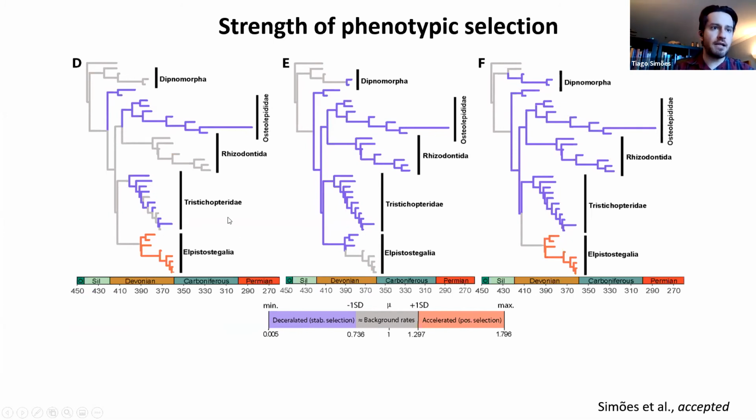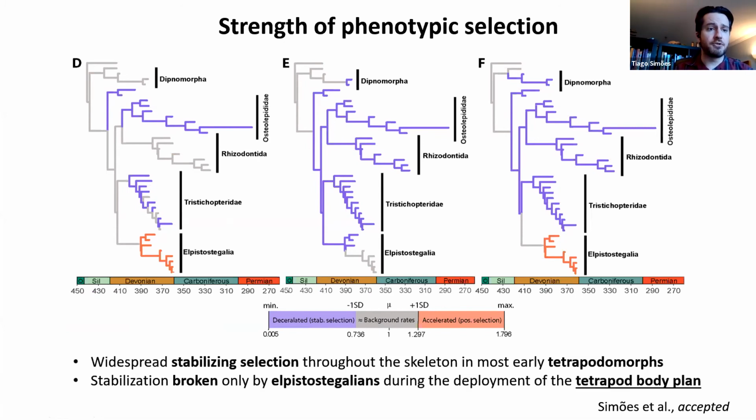And only Elpistostegalians are able to break away from that stabilizing selection and undergo fast rates of phenotypic evolution, indicative of accelerating selection, therefore indicating that they were able to break away from those patterns only during the deployment of the tetrapod body plan during the middle to late Devonian.